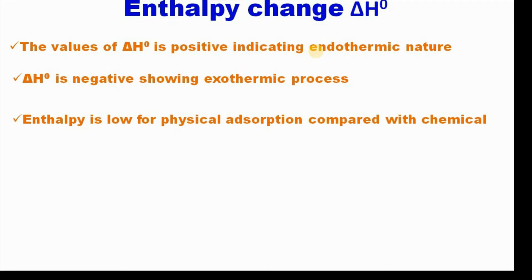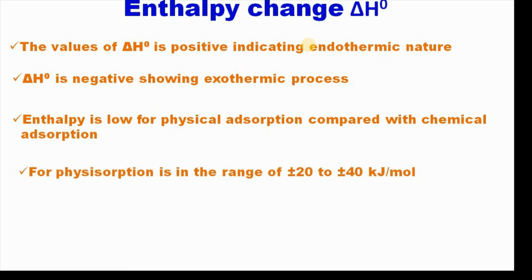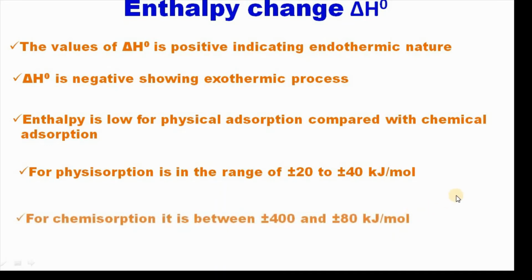Enthalpy is low for physical adsorption compared to chemical adsorption, and based on previous literature, it has been found that for physical adsorption, the enthalpy change is plus minus 20 to plus minus 40 kilojoule per mole, while for chemisorption, it is between 400 to 800 kilojoule per mole.